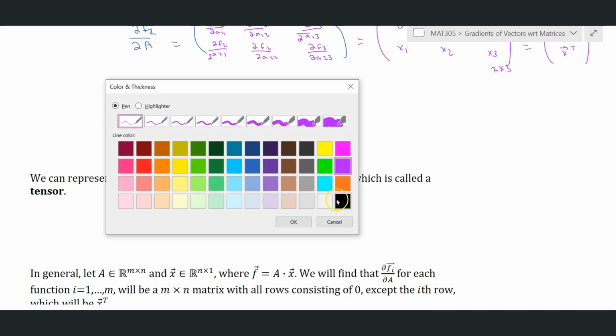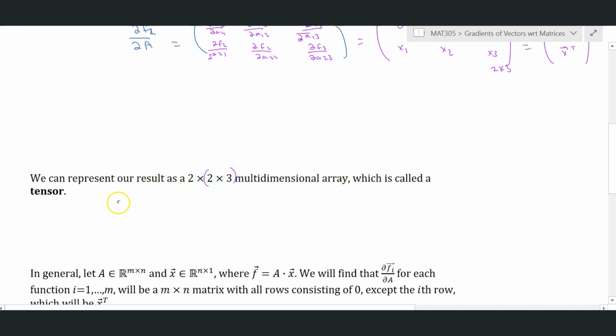So we know that df1 dA will produce a 2 by 3 array. So I'm going to represent it like this for a moment. And df2 with respect to A will produce another 2 by 3 matrix. So what I can go ahead and do is I can think about this first matrix right here, and I can think about this second matrix right here.